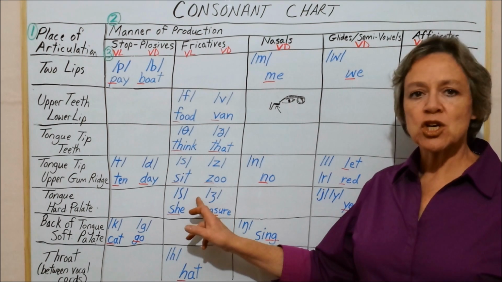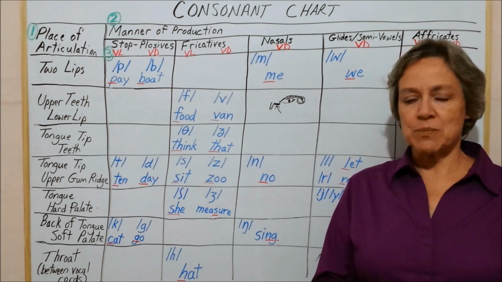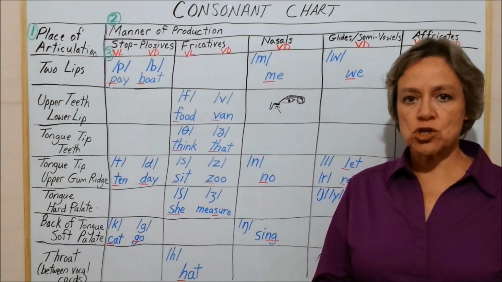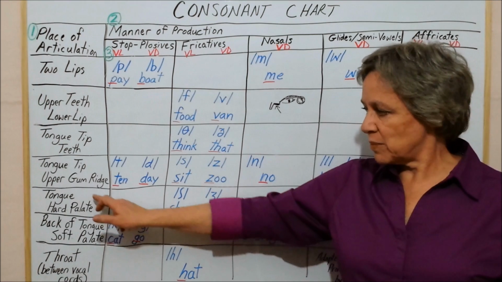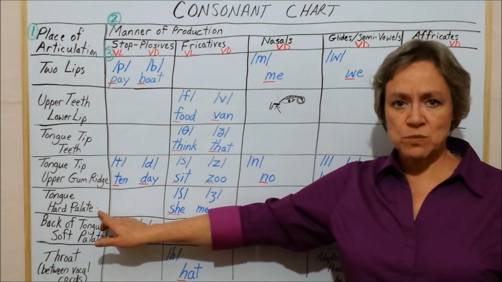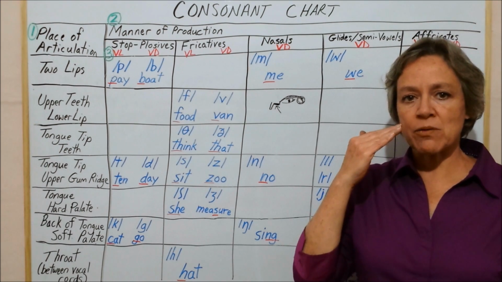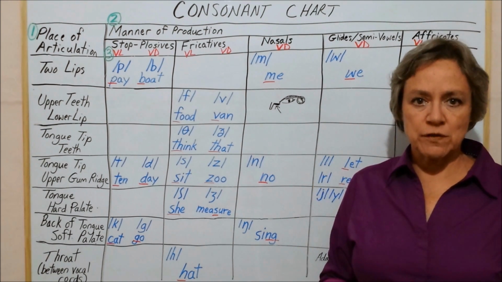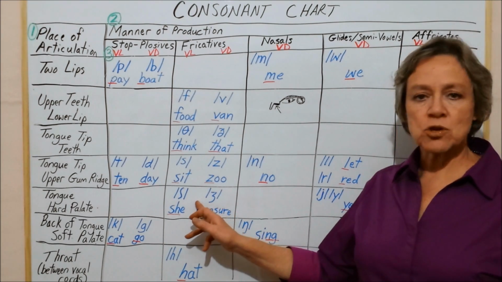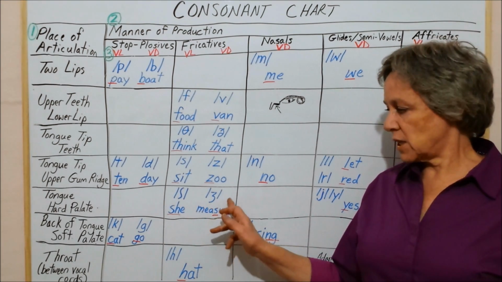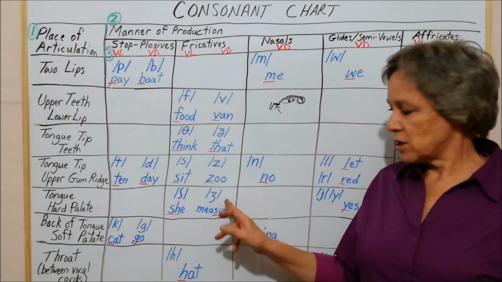We use that to make shh. But notice also my lips are rounded. Shh. But this is not the most important part, because it's the tongue position that's most important here. The tongue does not touch the roof of my mouth, but it just approaches the roof of my mouth. It gets close to the roof of my mouth. So, shh. And the voiced sound is zh.